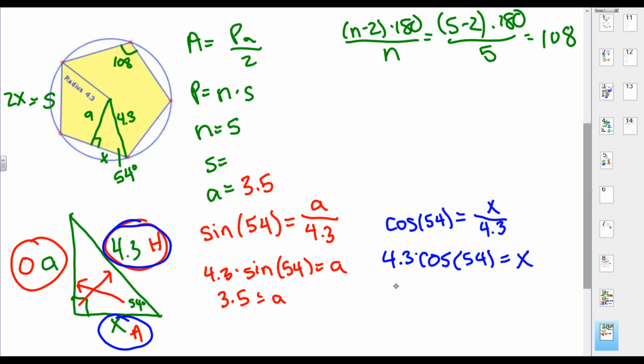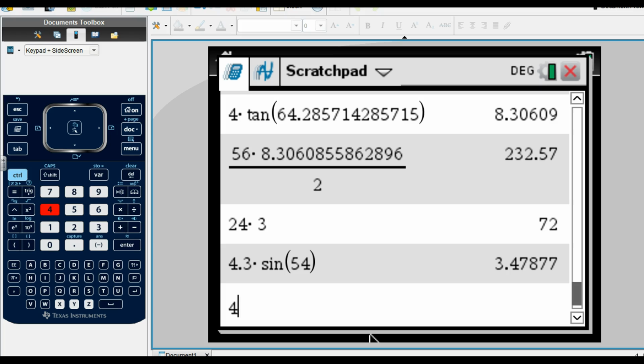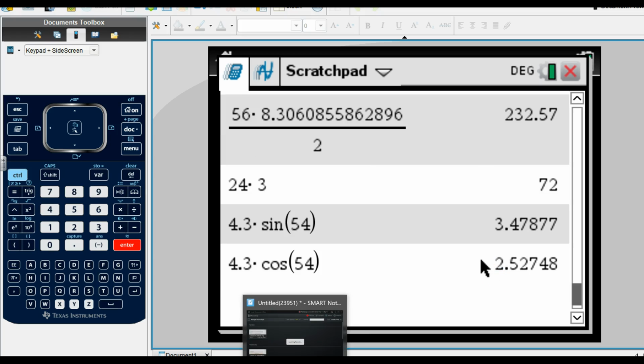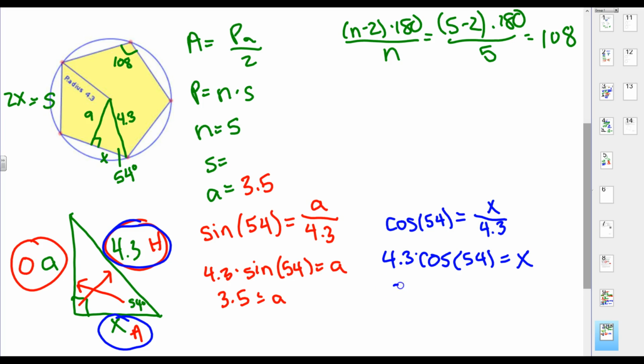So I do that in the calculator. 4.3 times the cosine of 54, which gets me 2.52748. Keep it stored in the calculator. So we get 2.5 is roughly the value of x, which means 2x is equal to my side length.